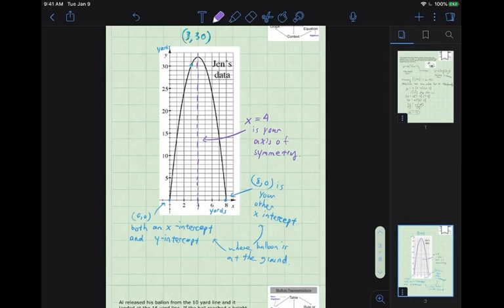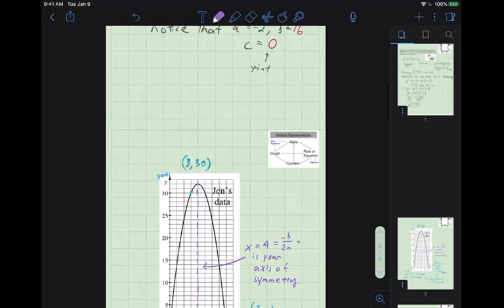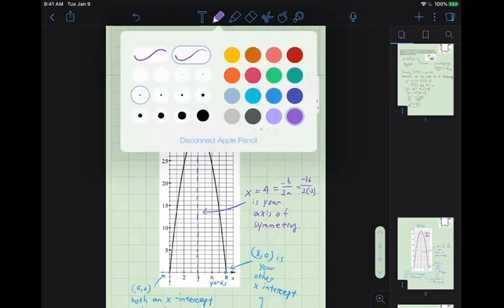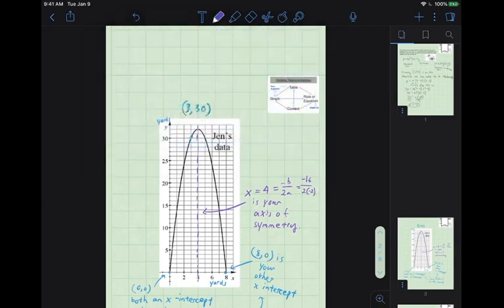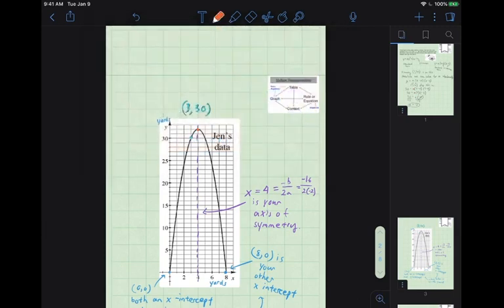Symmetry means if you fold it, it's mirrored, it's exactly the same on the left and the right. This equals negative b over 2a, shortcut. So using the b and the a values from before, negative 16 over 2 times negative 2. Okay, that's how we got positive 4. Here's a shortcut. Then up here, we'll do orange, okay, this thing is your vertex.